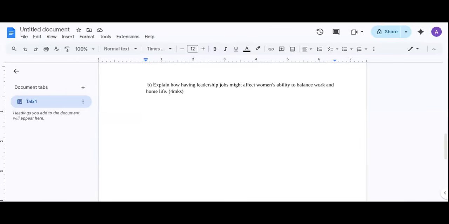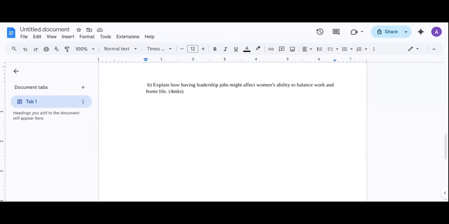So either your one explanation is so in depth that it gives you the 4 marks, or you split it up in two to achieve the 4 marks. Immediately based on content, they're talking about the double burden, what it means for a woman to have these two roles and all of that.